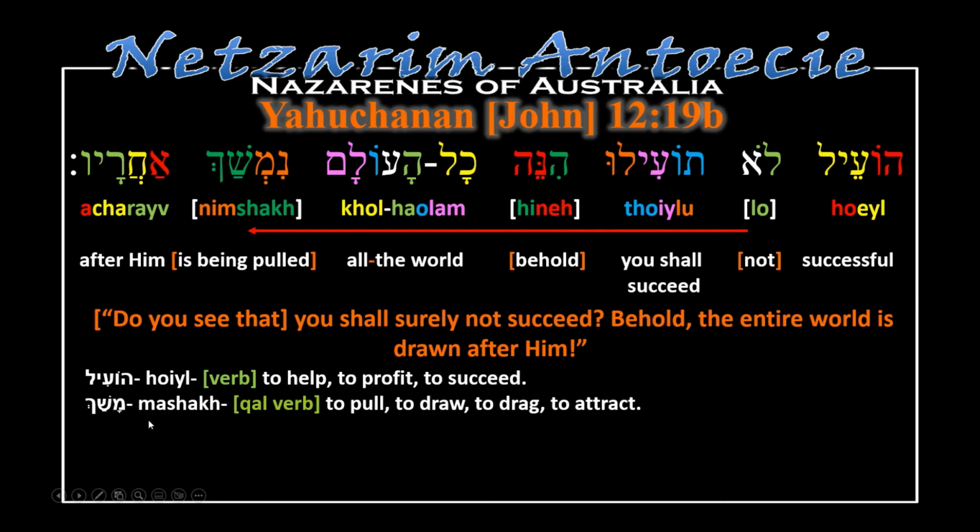And the root word is mashak, which is a kal verb, to pull, to draw, to drag, to attract. So is being pulled. Acharav, after him. Because we know achare means after, and the vav at the end is him, after him. And then from the previous verse, do you see that? You shall surely not succeed. Behold, the entire world is drawn after him.